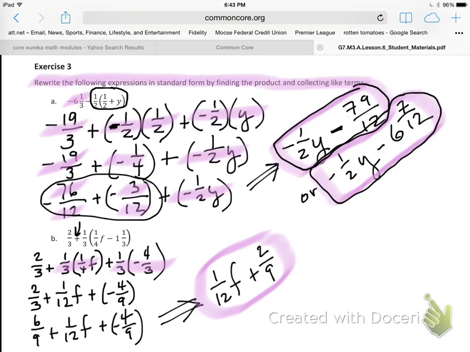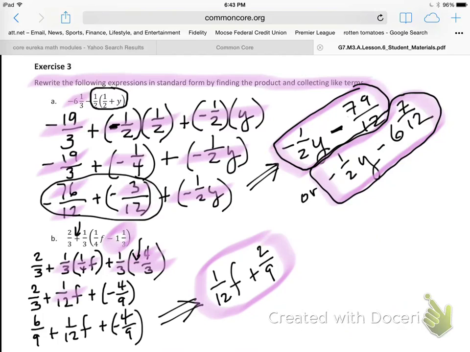But I do need to pay attention to the fact that this negative 1 1/3 stays that way. Actually, I did change that one mixed number into an improper fraction, but that's where the negative sign is going to reside now. Then I went ahead and did my multiplication here.